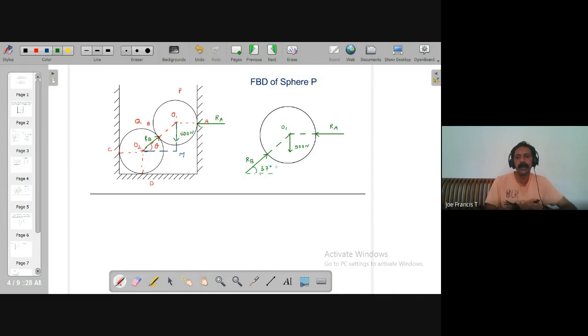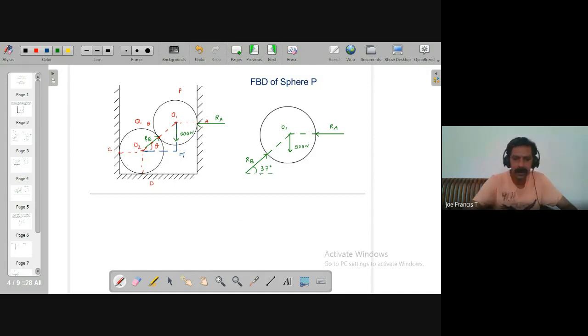So these are the three forces acting. Now, once you draw the free body diagram, the next step is to write the equations of equilibrium: sigma Fx equal to 0 and sigma Fy equal to 0, and then solve those equations and find values for RA and RB.